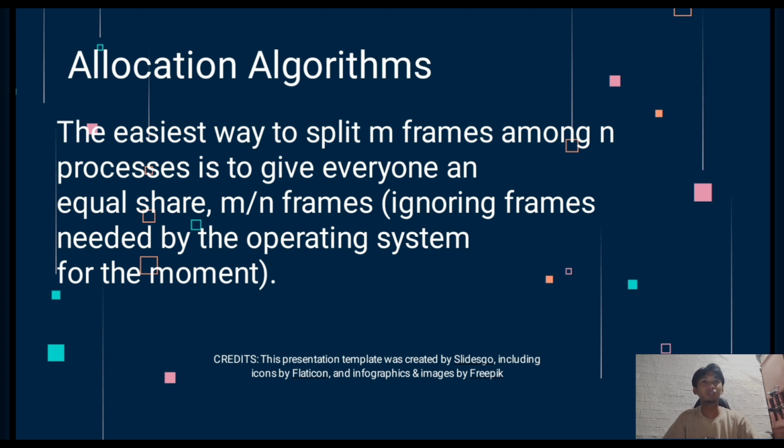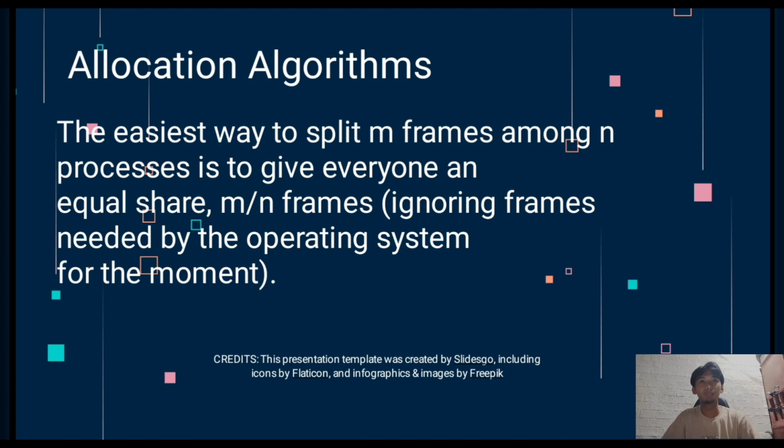An alternative is to recognize that the various processes will need different amounts of memory. Consider a system with a 1 KB frame size.